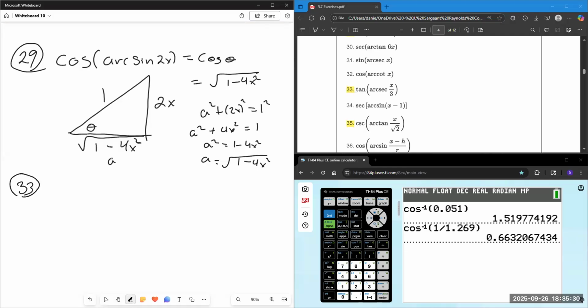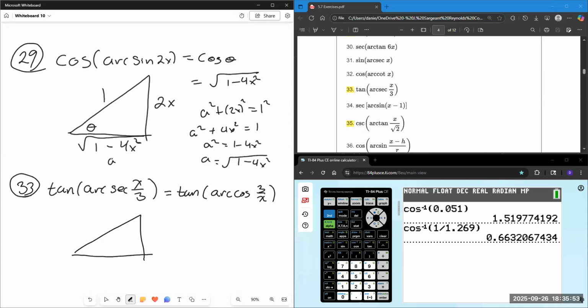33 is tangent of arc secant of x over 3. So I'm going to change that up a little bit since I don't like secants. I'm going to call this arc cosine of 3 over x. Draw it in quadrant 1.